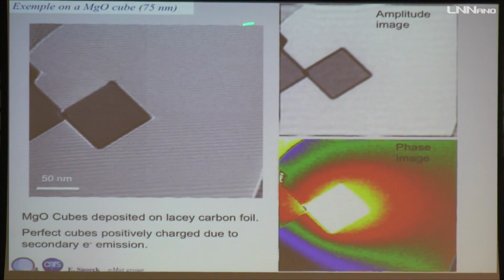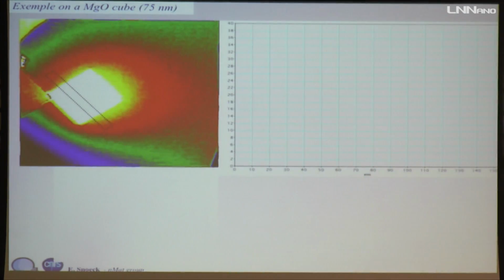Again, this is the hologram. This is the amplitude image extracted, so the TEM image, and this is the phase image, which corresponds to the electrostatic phase shift associated with the charges trapped there. What we do is use this phase image, determine a contour, and integrate following this equation extracted from the Gauss theorem.